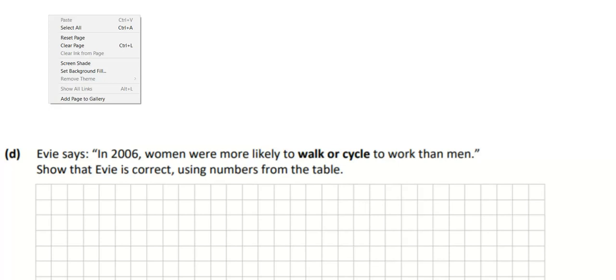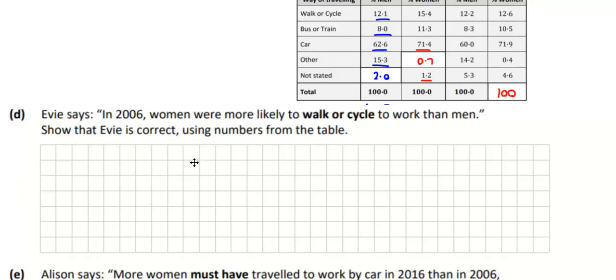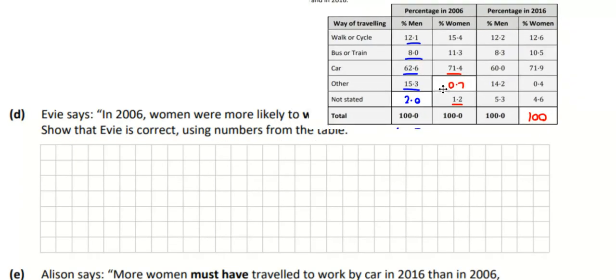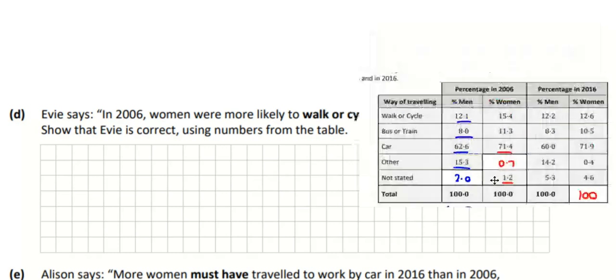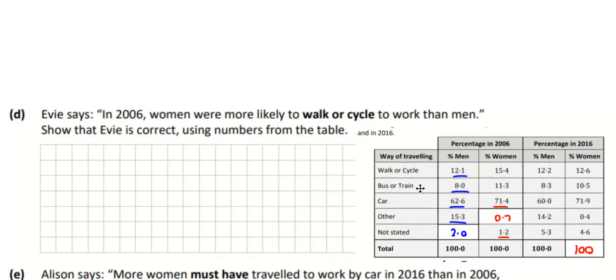Okay guys, so looking for the table. Okay, so let's find out. This is in 2000, and we're talking about 2006. Women are more likely to walk or cycle to work than men. So let's see, walk or cycle. Walk or cycle was 15.4% women and 12.1% men.